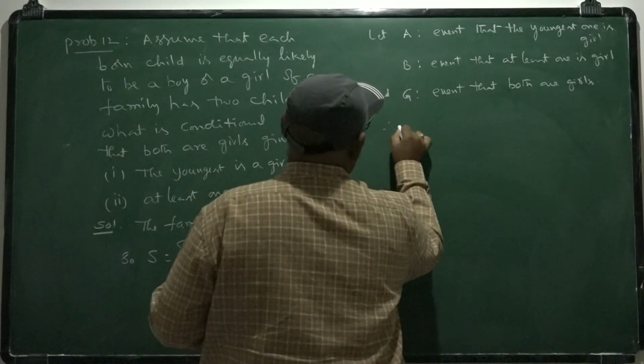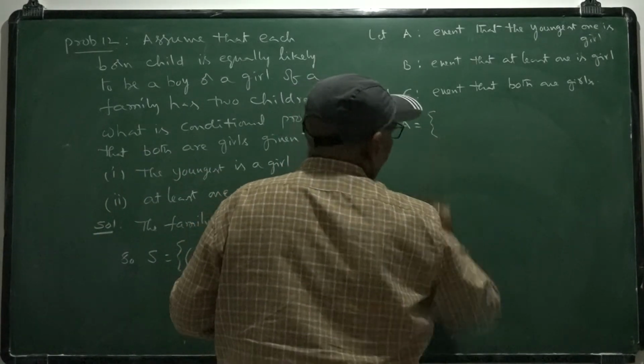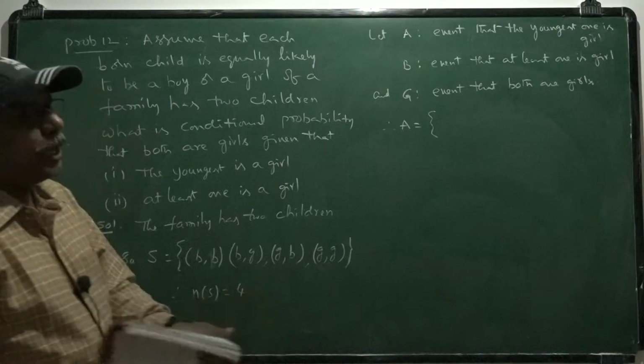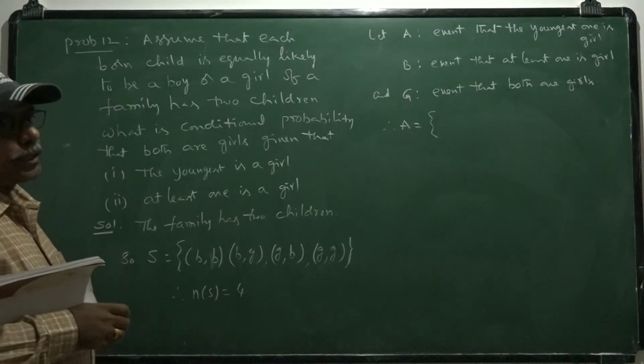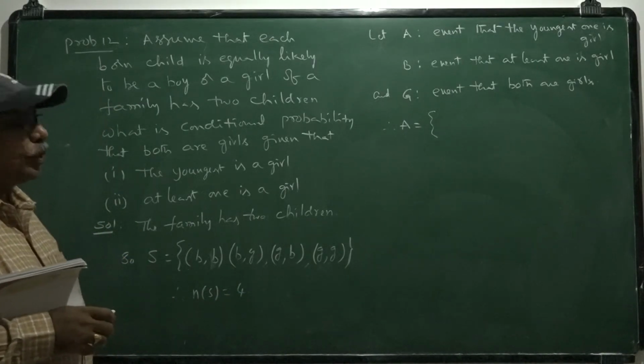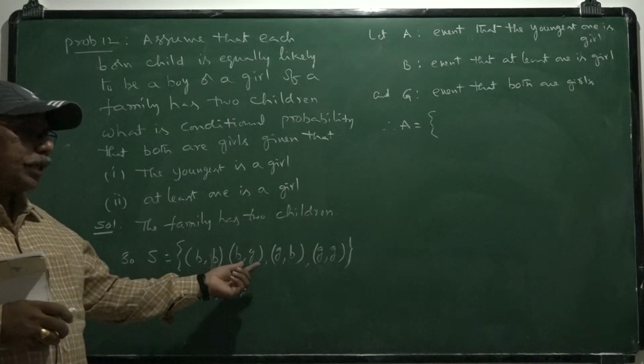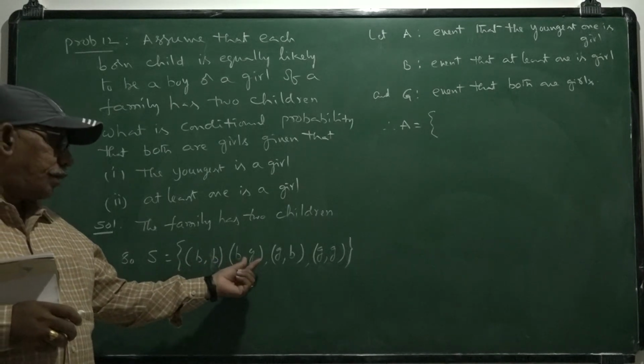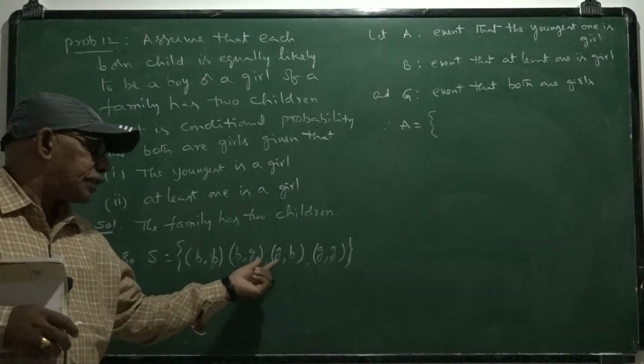So therefore, the favorable possibilities to A, where A stands for the event that the youngest one is girl: the youngest one is girl may happen in these cases.